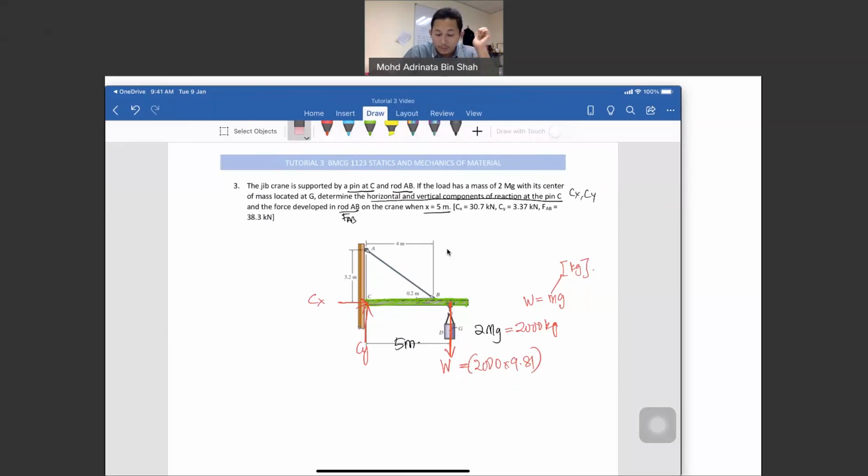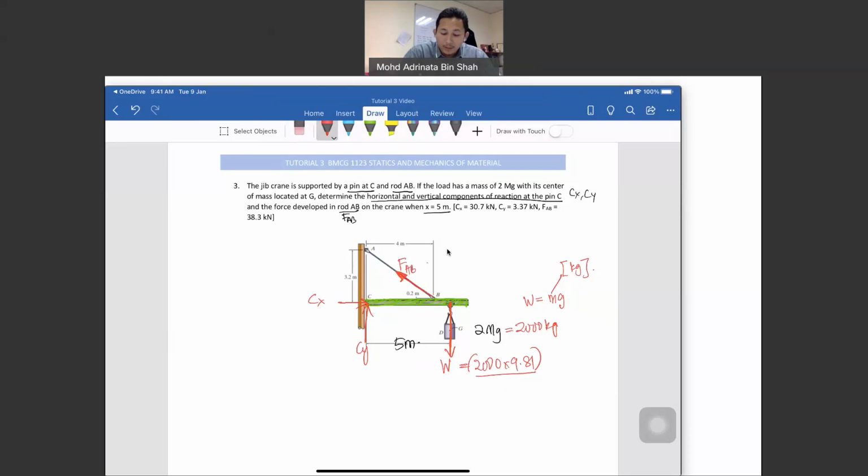You can also solve the equation and put it in the equation later, or you put all the values in the equation. Anything else that we have? So we have this one, T.